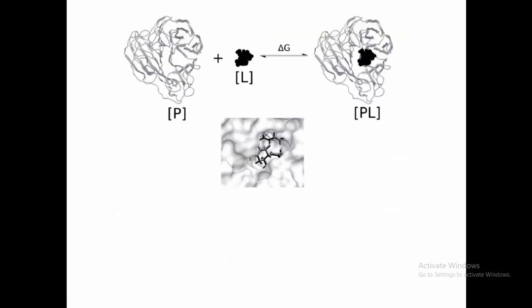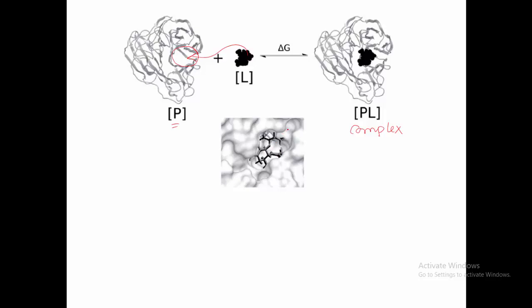Here you can see the binding site. This is the protein and this is our ligand. The docking simply inserts this ligand into the binding site, then we calculate the binding energy. So this is the protein-ligand complex.